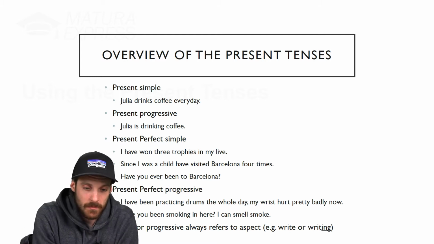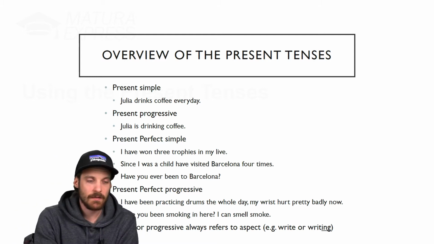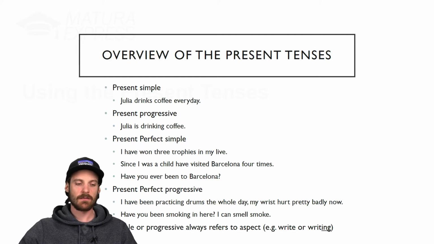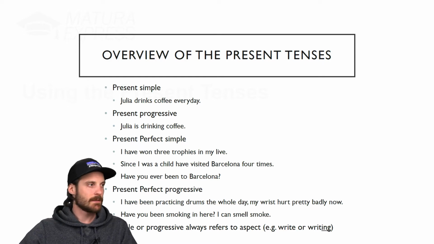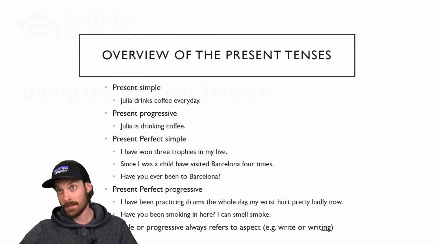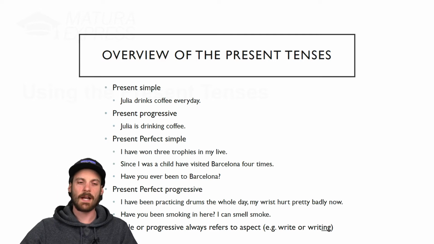So present simple, very easy: a present moment, a simple action, so a simple aspect. Remember, the aspect is always the differentiation between simple and progressive. So that's your aspect. And then, of course, you have the time in which you're speaking, in which you're writing, in which you're reading.